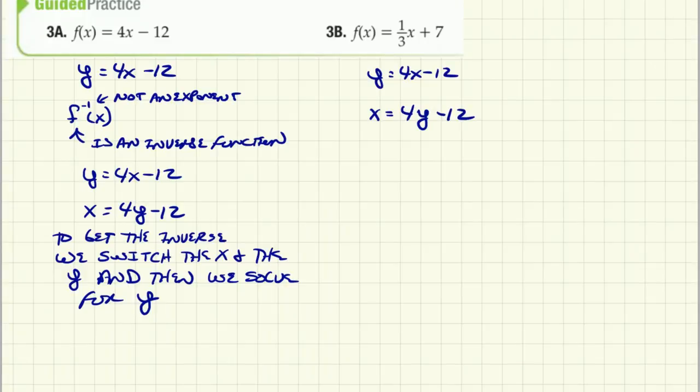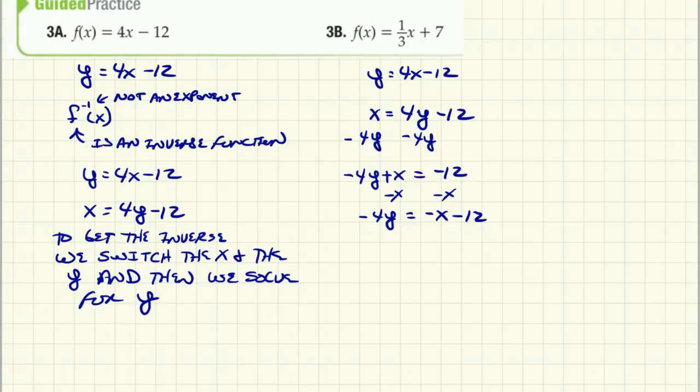What's in the way? Well, I can subtract 4y from both sides, so I get negative 4y plus x equals negative 12. I'm going to subtract x from each side, so I get negative 4y equals negative x minus 12.